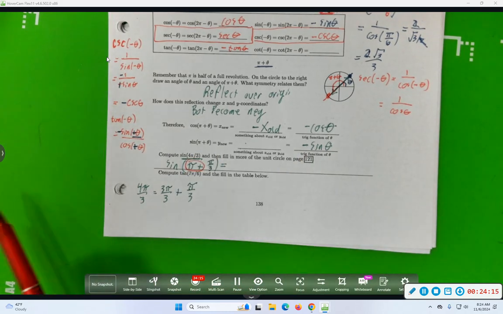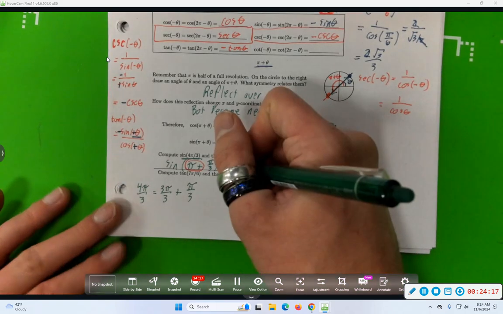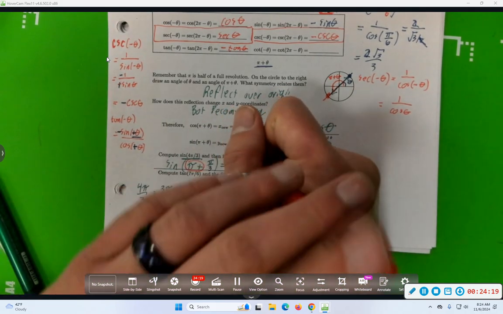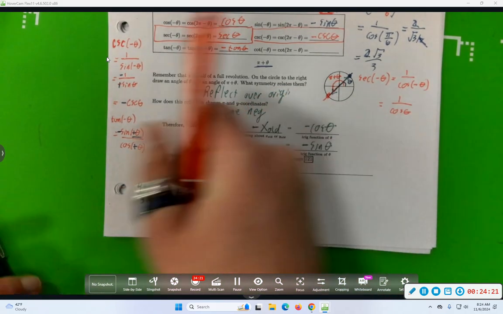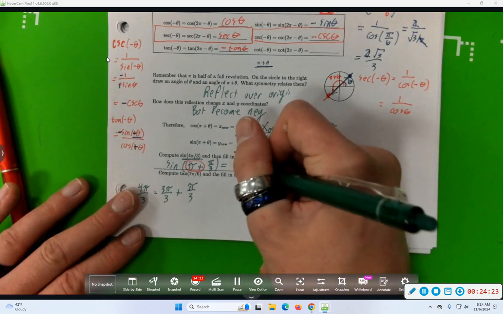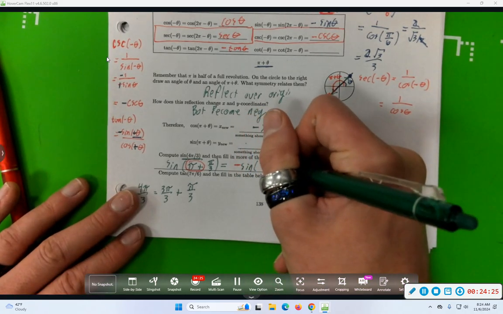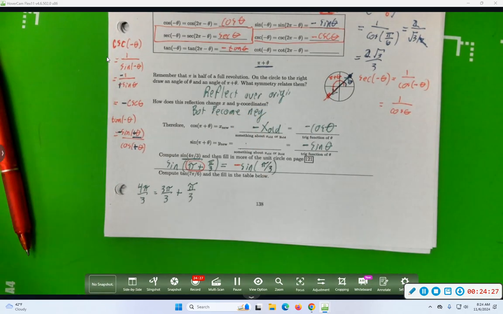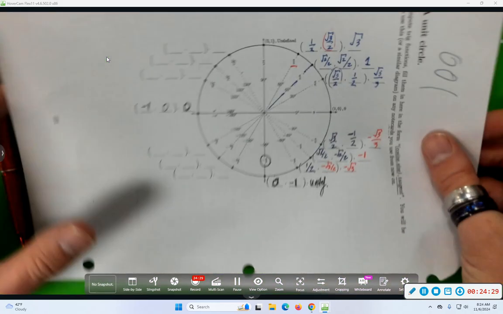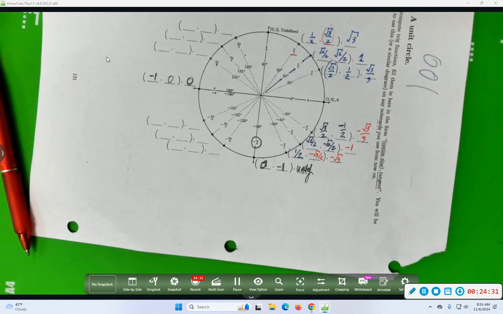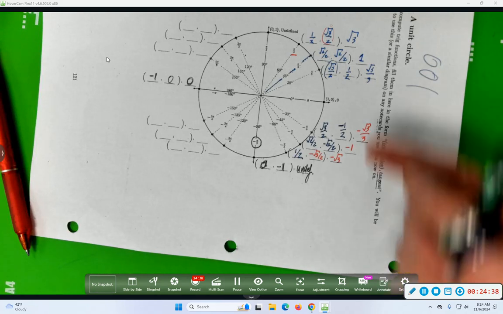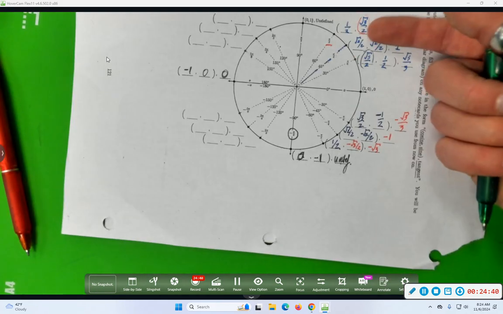So, sine of pi plus pi over 3 is the same as negative sine of pi over 3. Alright, and looking at the unit circle, what's the sine of pi over 3? Pi over 3, root 3 over 2.